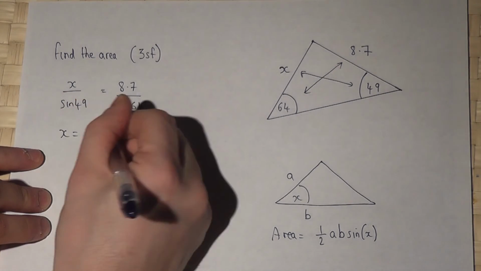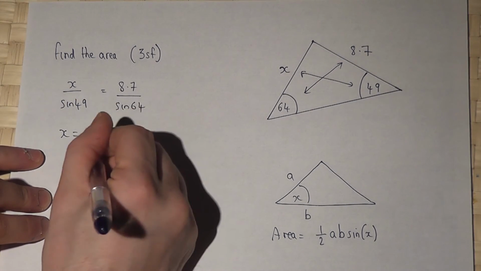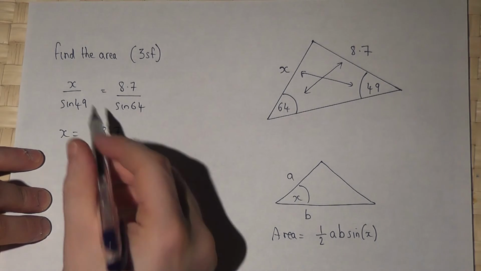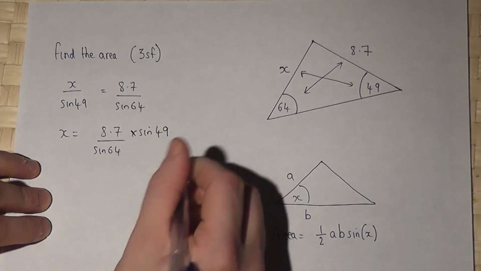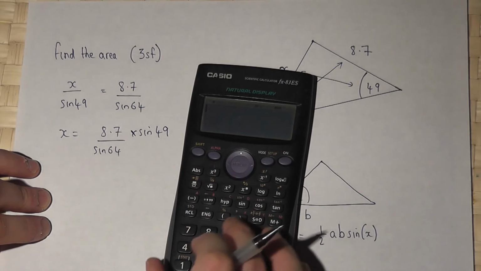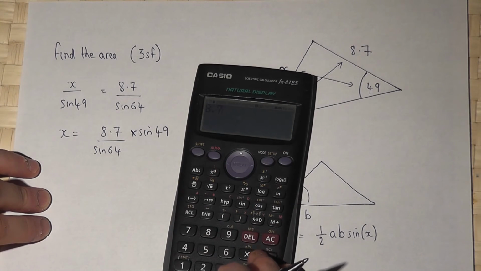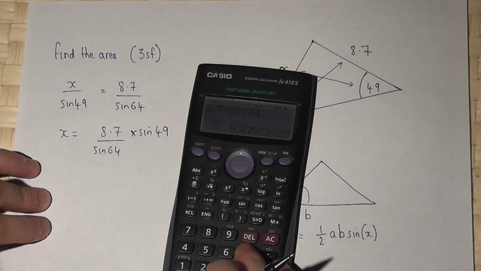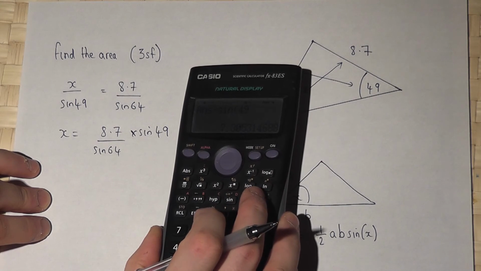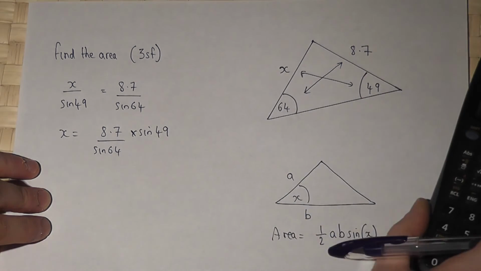Now the sine rule says that x over sine 49 is equal to 8.7 over sine of 64. So x will equal 8.7 over sine 64 times by sine of 49. So 8.7 divided by sine of 64 times by sine of 49 gives me the side 7.305.